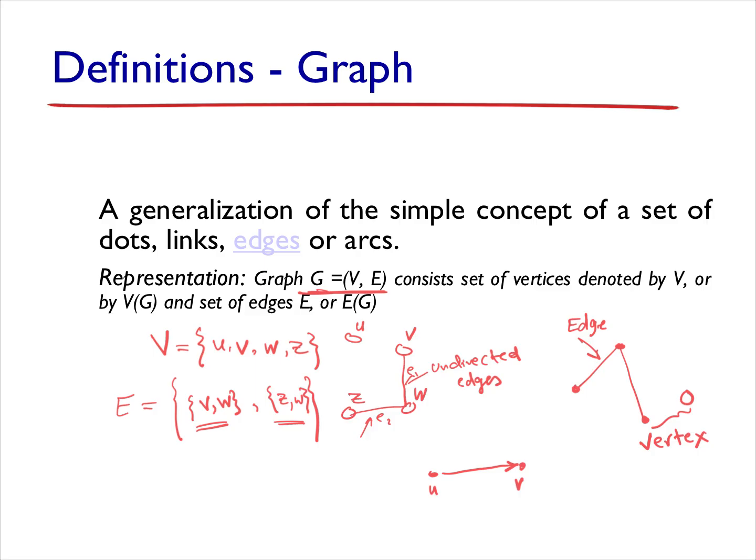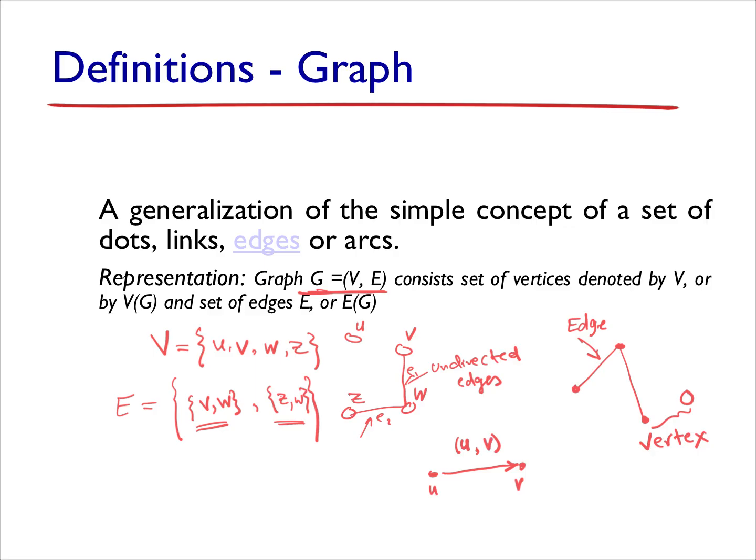It only allows you, for example, to move from U to V. Or it means that U is linked to V, but there is no reverse link between V and U. This directed situation is represented by an ordered set, and instead of using braces, we use parentheses in this case, where the first is the start point and the second is the end point.